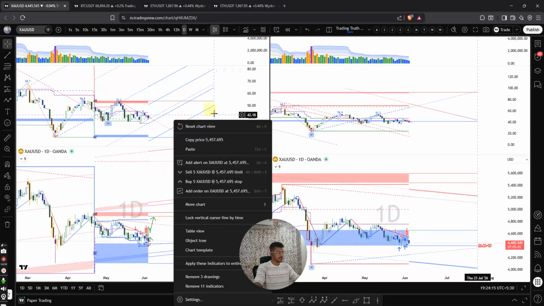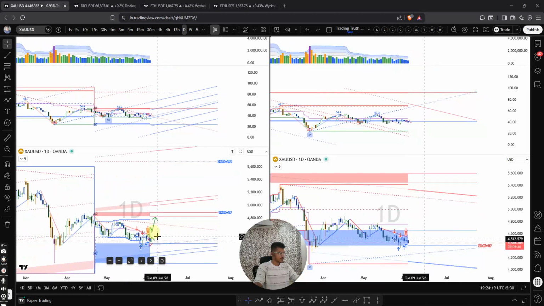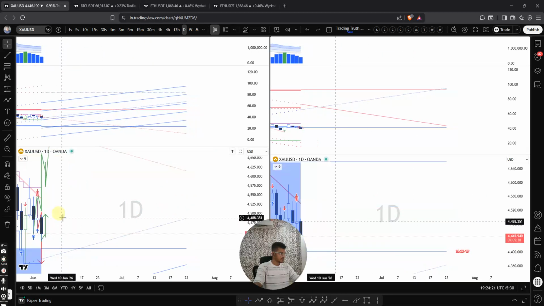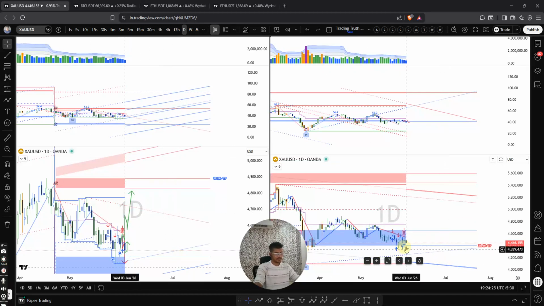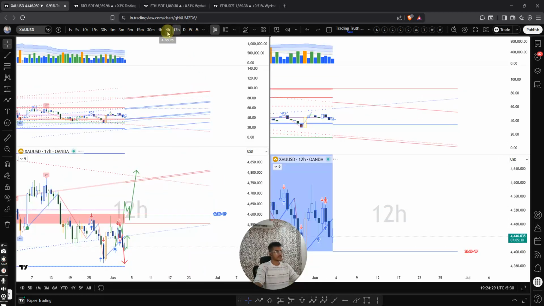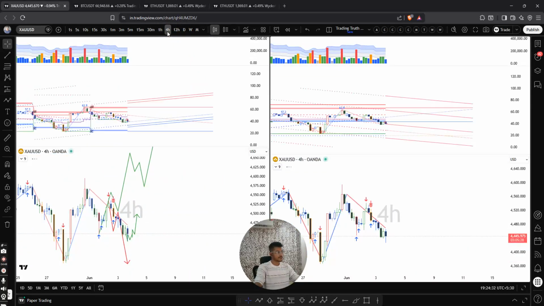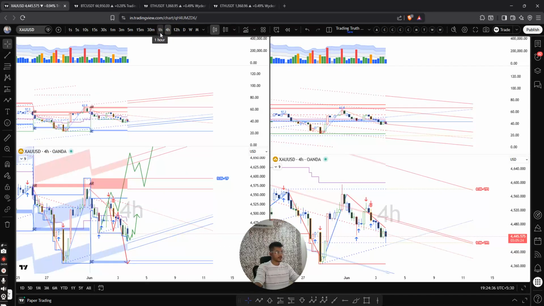Toward the daily time frame on gold, what it's doing. 4 hour support there.